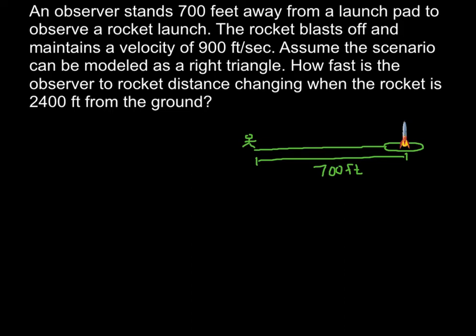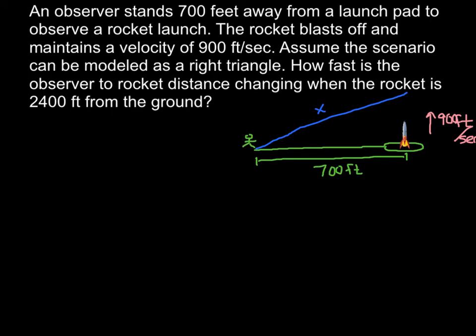So we can assume it's going to be going up 900 feet per second. And we want to know how fast the observer-to-rocket distance is changing when the rocket is 2,400 feet from the ground. So after it takes off, the rocket's going to be up there somewhere. We're trying to figure out that distance.